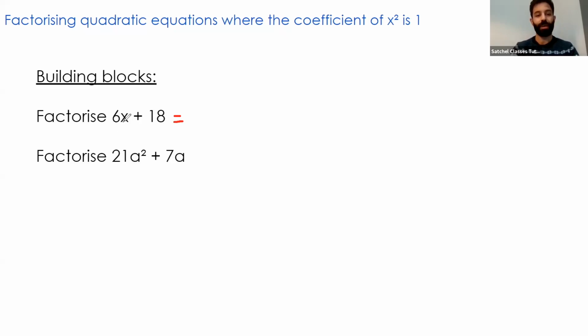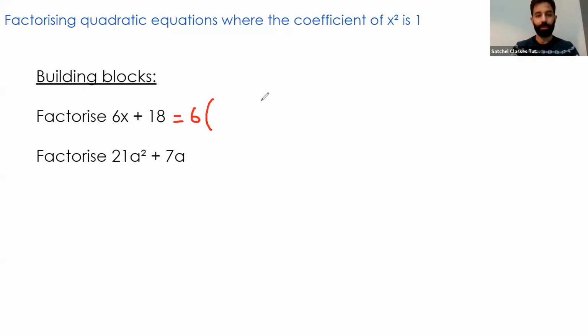So what's the highest common factor of 6x and 18? Well, the highest common factor of these two terms is going to be 6, because 6 goes into 6 and 6 also goes into 18. Now 3 is also a factor of 6 and 18, 2 is also a factor of 6 and 18, but we want the highest common factor.